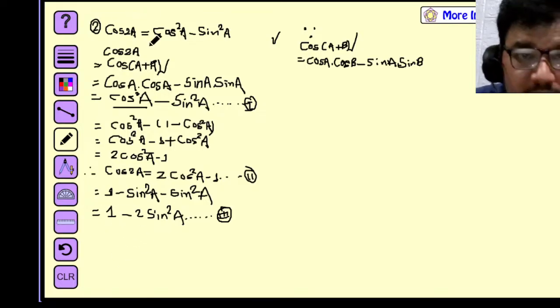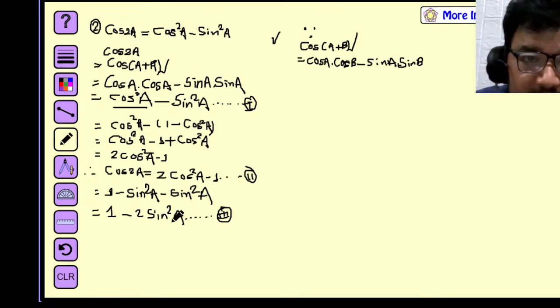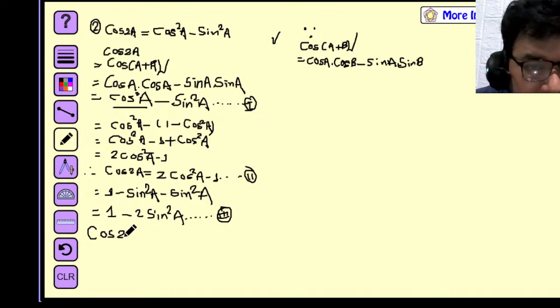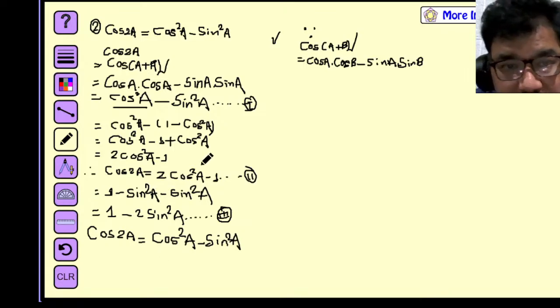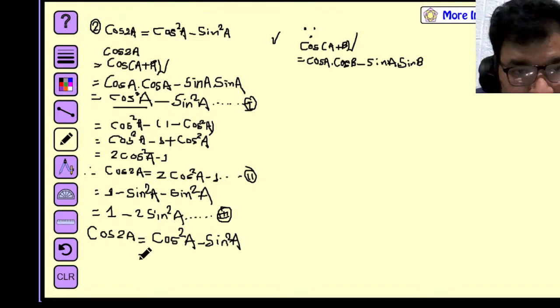And from here, I want to bring this cos 2A in terms of tan. As we know, the first relation that we found is cos 2A equals cos square A minus sine square A. Now let's bring this into tan.